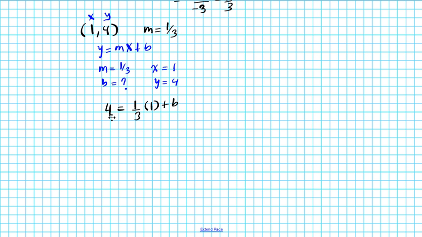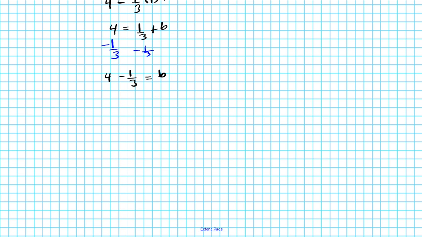We're trying to find b here, so we're going to have 4 equals 1/3 plus b. Okay, so how do we get b by itself? Well, all we just do is subtract 1/3 from both sides, that fraction there. So subtract 1/3 from the left and subtract 1/3 from the right. Okay, so we're going to have on the left side 4 minus 1/3 equals b.